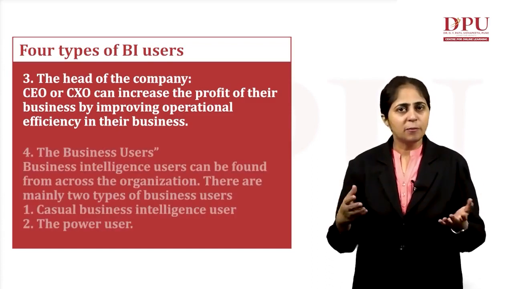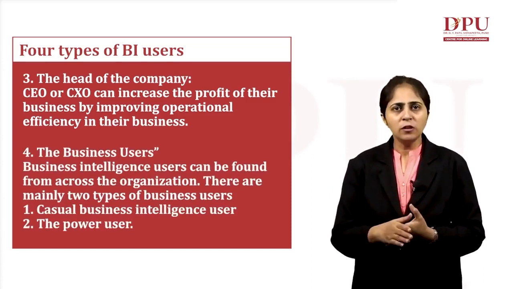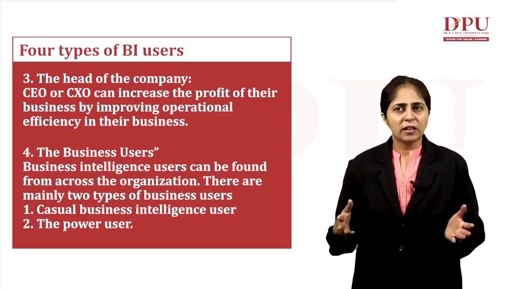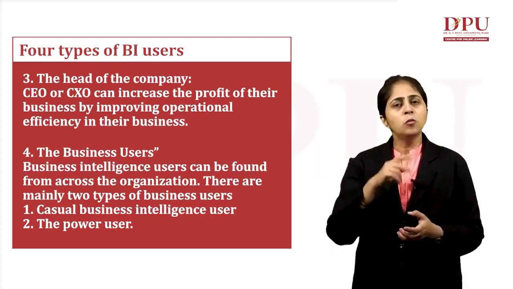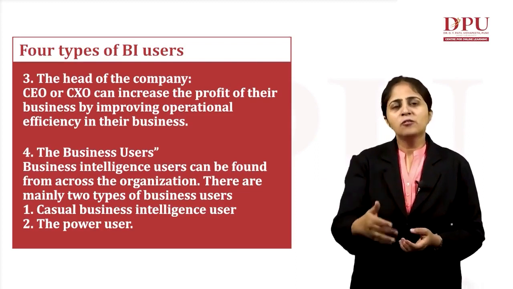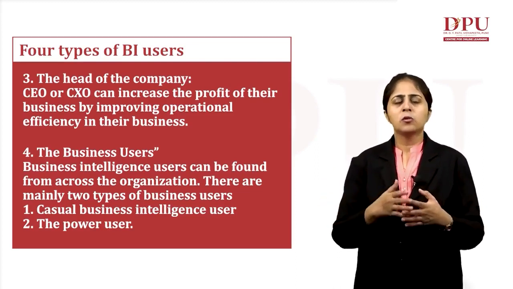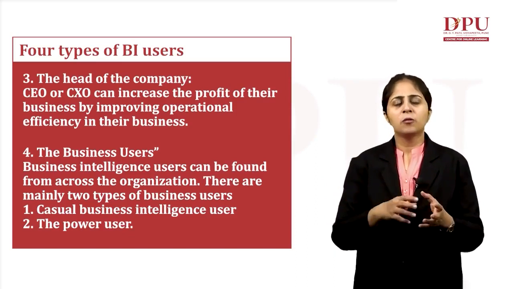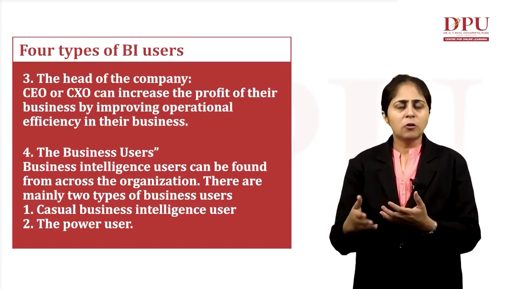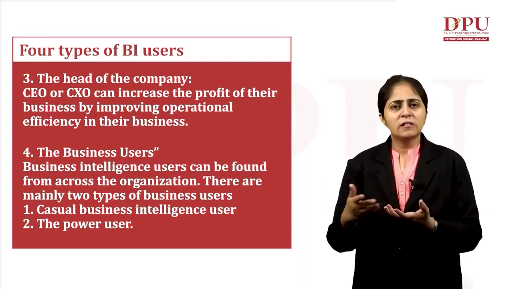Then we have the general business users. Business intelligence users can be found from across the organization. There are mainly two types of business users that we can see. One, the casual business intelligence users, who generally want to analyze some data, depending on which they will work on the improvement of data, or they can check the day-to-day transactions.